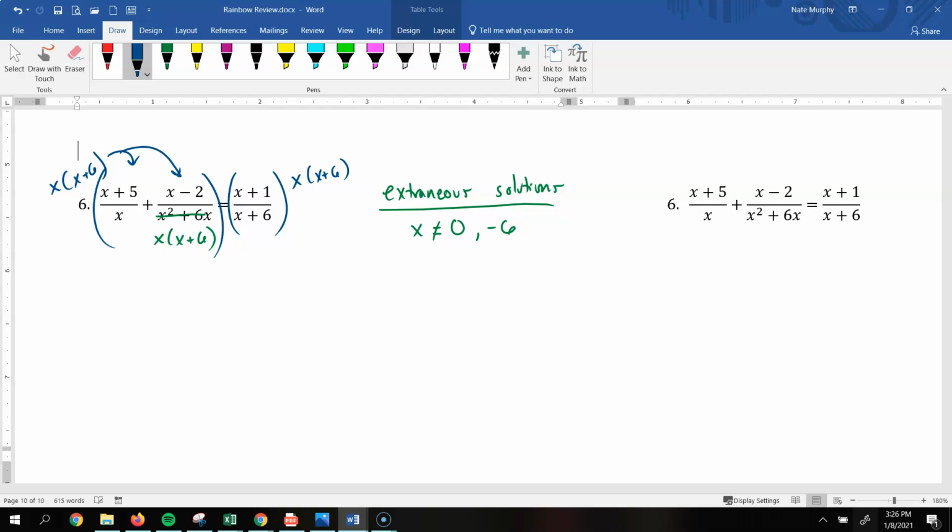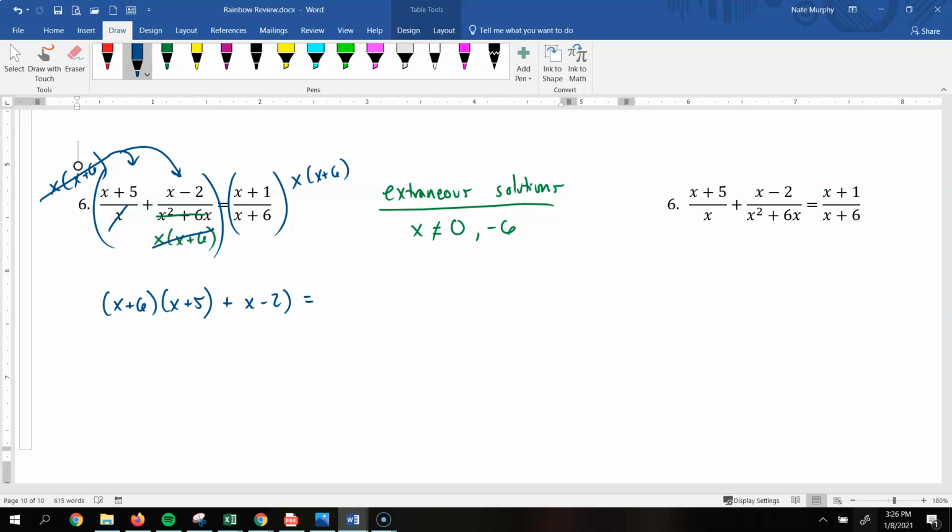When we do that to the first fraction, the x's cancel out, leaving me with x plus 6 times x plus 5. And with the second fraction, when we multiply x times x plus 6 times this other fraction, the x plus 6's cancel out, and there's nothing I have to multiply x minus 2 by. So we'd have just plus x minus 2.